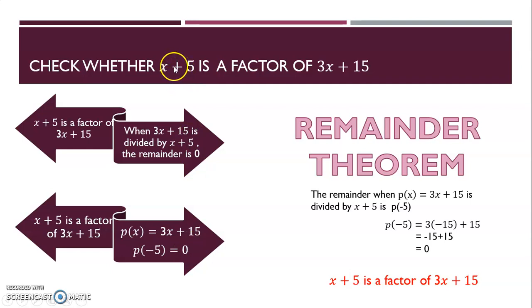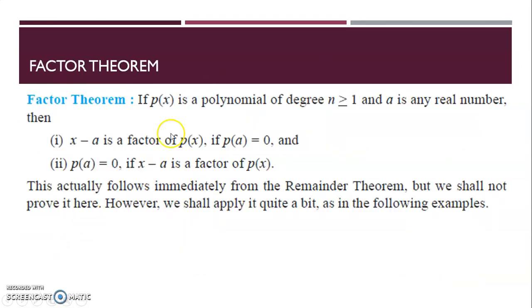Here x minus a is x plus 5, so a is minus 5. Since p of a is equal to 0, x minus a is a factor of p of x. In the previous example we used p of x as 3x plus 15, and in the place of x minus a we used x plus 5.